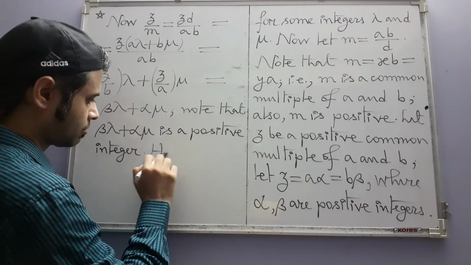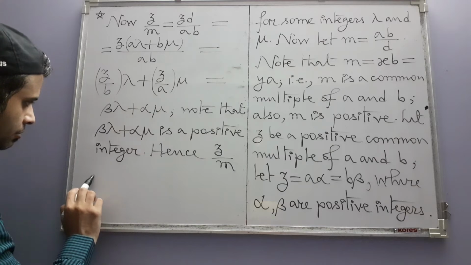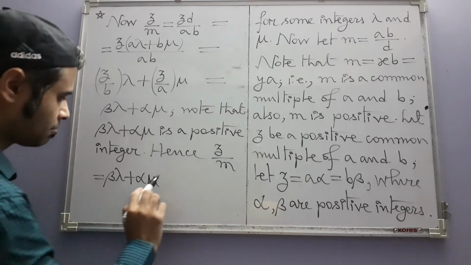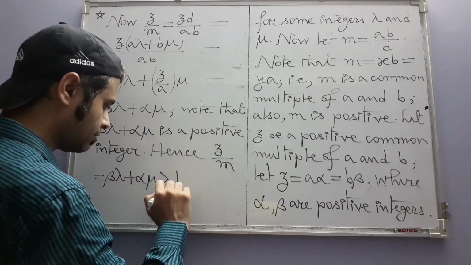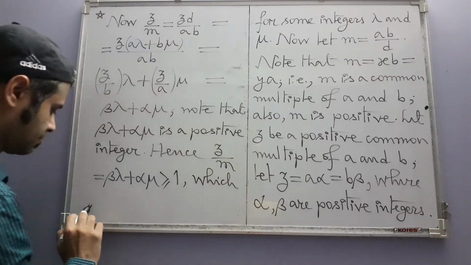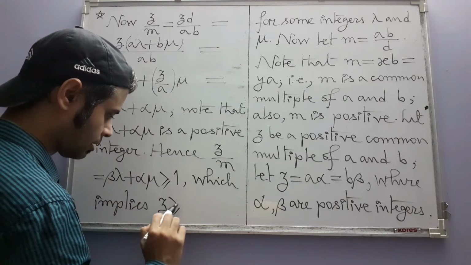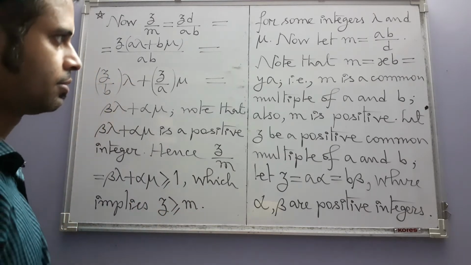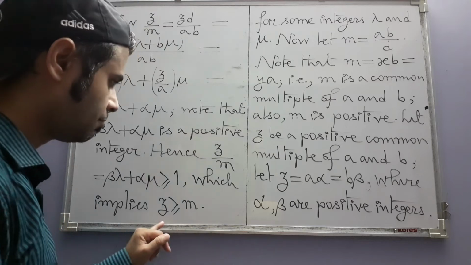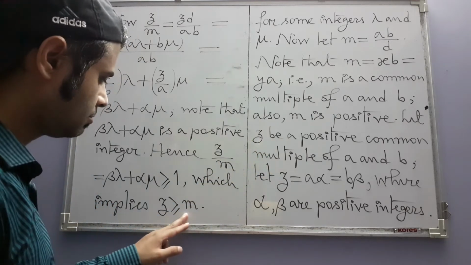Hence, because this is a positive integer, its least value is 1, so this is greater than or equal to 1, which implies that Z is greater than or equal to M. So not only have we shown that M is a positive common multiple of A and B, but we have proved that any positive common multiple of A and B, if we choose Z, then M cannot exceed that.